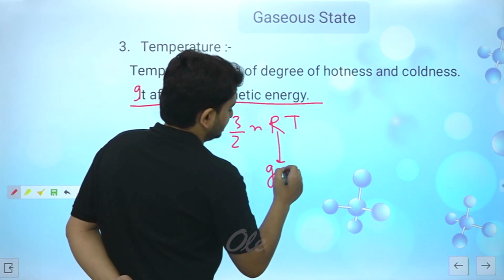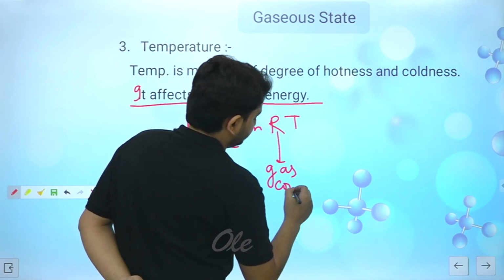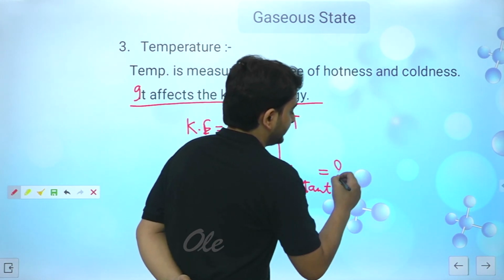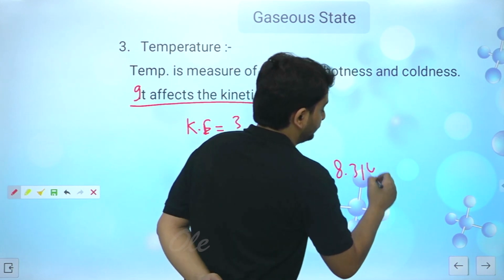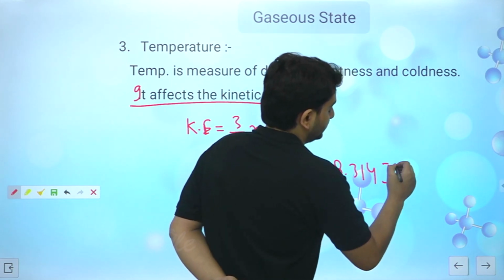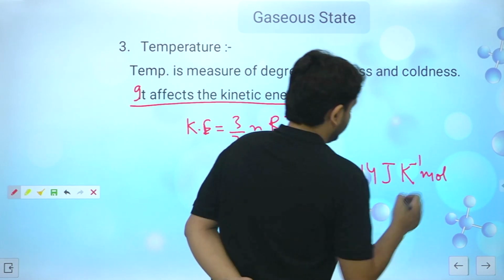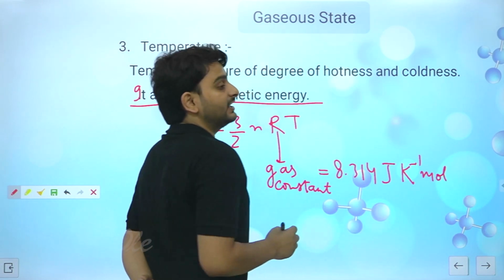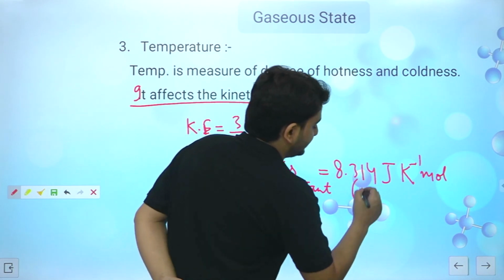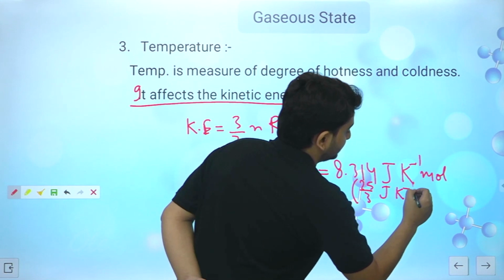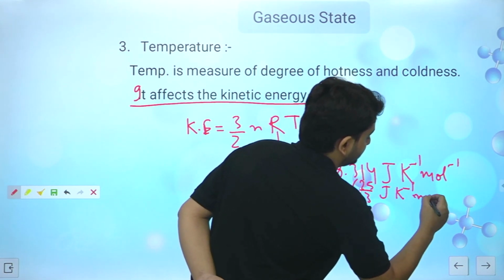This is the gas constant, we've spoken about this as well. Its value is 8.314 joule per Kelvin per mole. Alright. For the ease of calculation, sometimes you can take it as 25 by 3 joule per Kelvin per mole. Right?